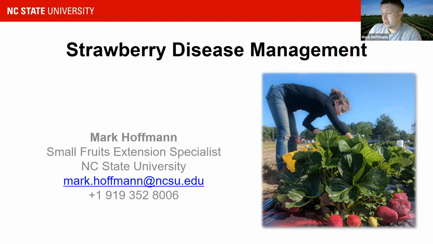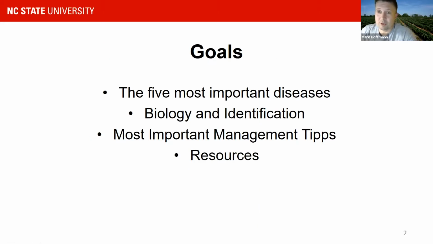So this is what we're going to do today. The first goal is that at the end, everybody understands what the 5 most important diseases are which we find here in North Carolina. I'm pretty sure that's very similar to what you find.